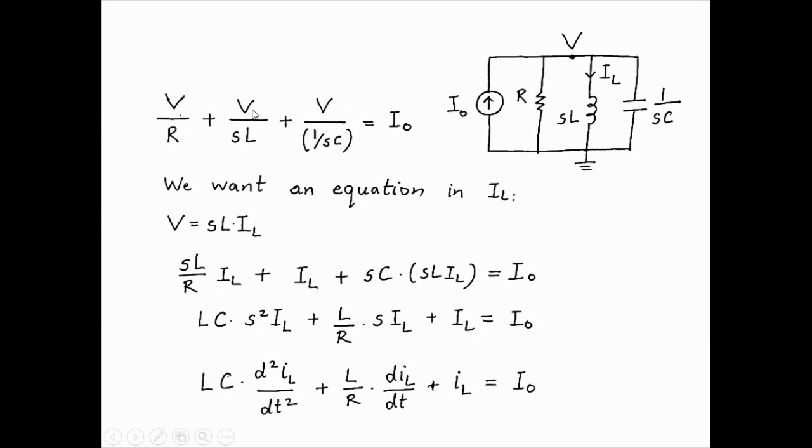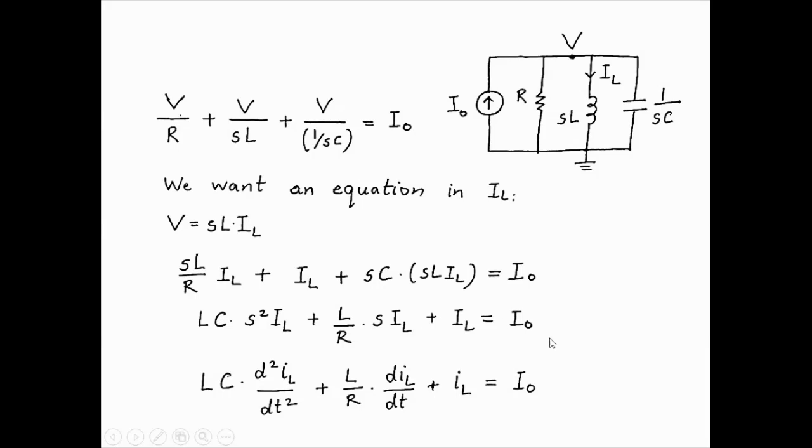So we substitute that here, and so we get sL/R IL plus sC sL IL. All that is just substitution of V equal to sL IL here. Alright, so we get this, and then we make a polynomial. So we get LC s squared IL plus L/R s IL plus IL equal to I0.